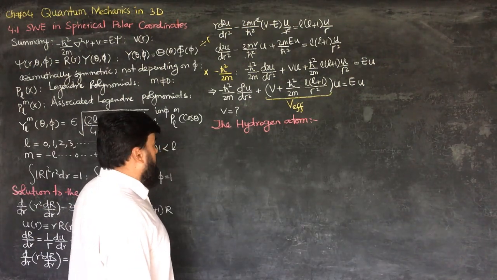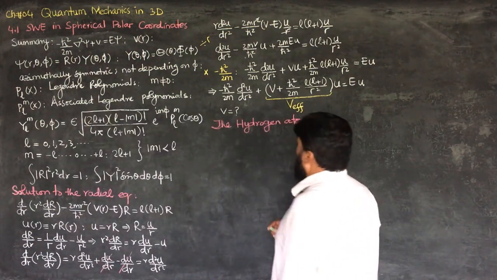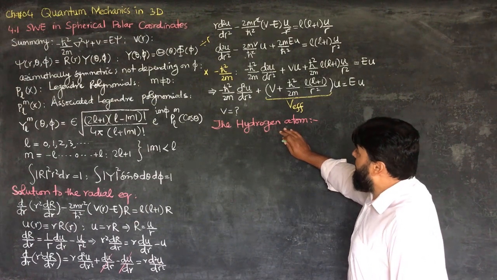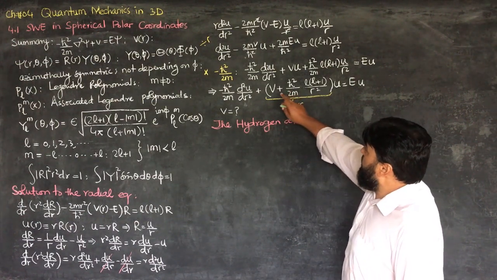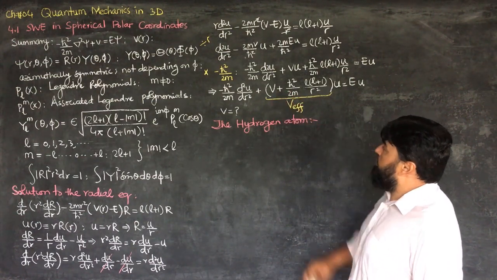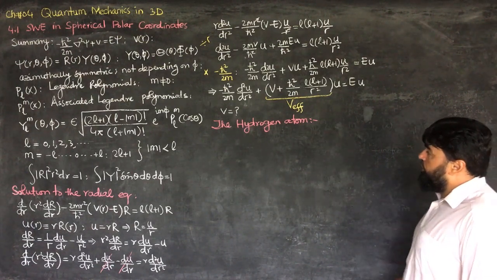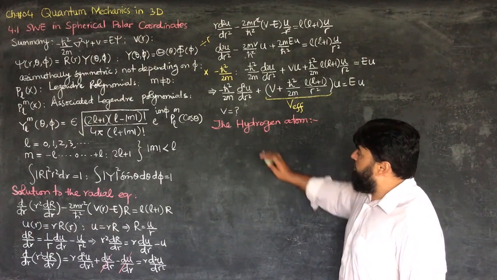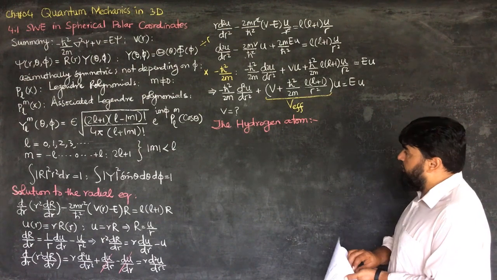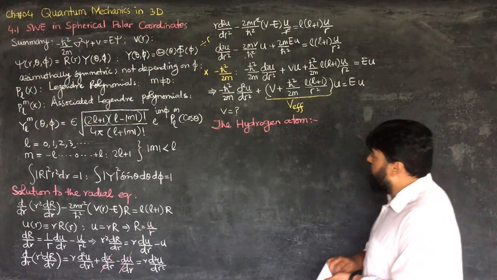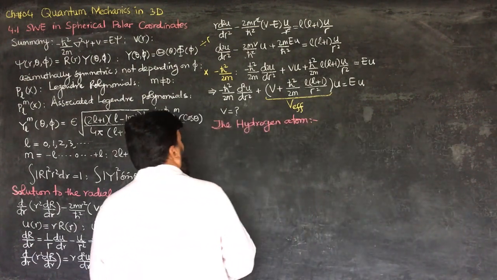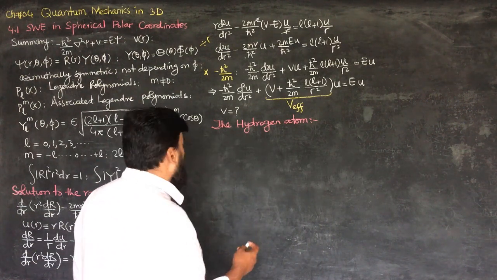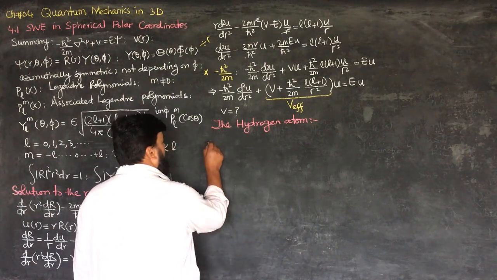So before going into the mathematical derivation or the solution of the radial equation, the Schrödinger wave equation for hydrogen atom, we will have to first discuss the importance of the hydrogen atom, why we are discussing this thing.